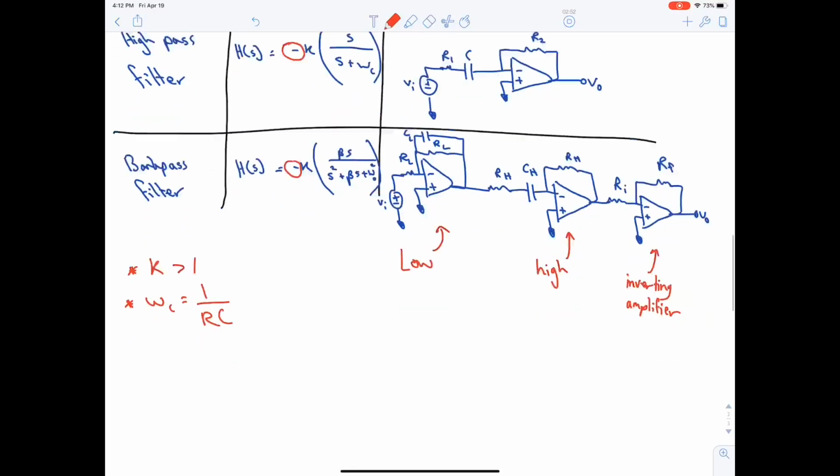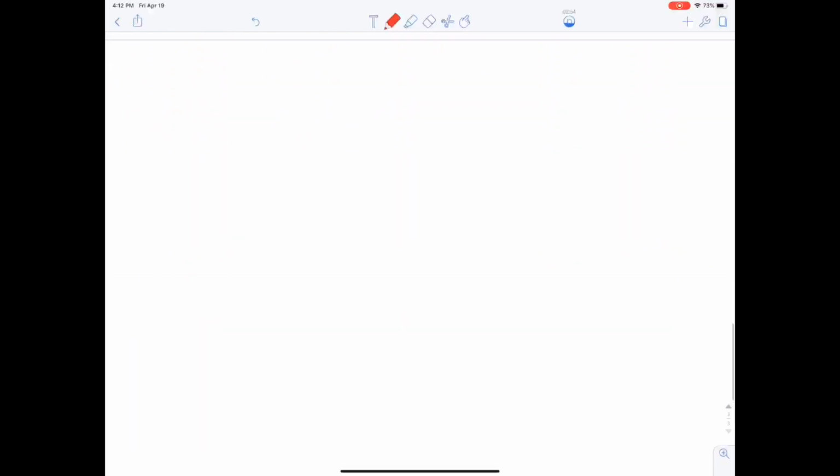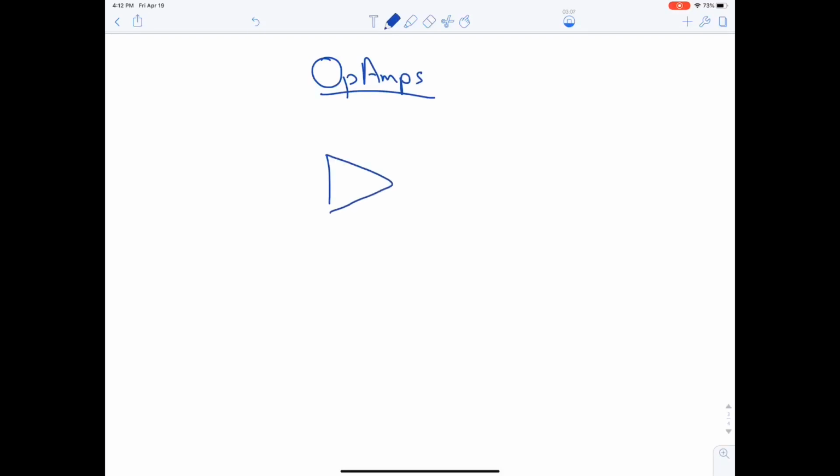Now let me give you a review on the amplifiers and how we solve them. Sometimes they are called op amps, operational amplifiers. Now this is one type of op amp, and it's called the inverter. Why is it called the inverter? I will tell you in a second.